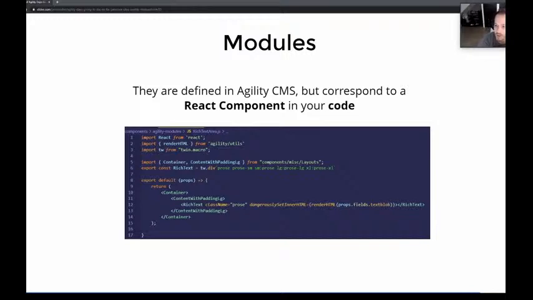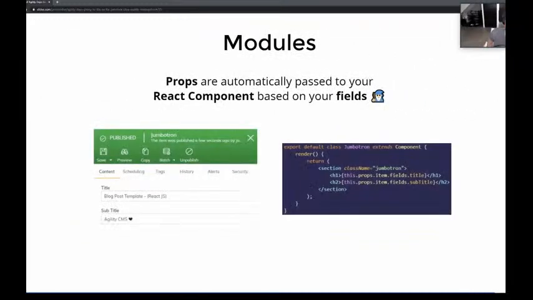This is what you should build in your code. So I have this component, it takes some props. And then in your headless CMS like Agility, you define what we call the modules that correspond to these components. And the fields that the editor can enter in those modules get automatically passed through to your code, and then editors can manage the order in which those appear.